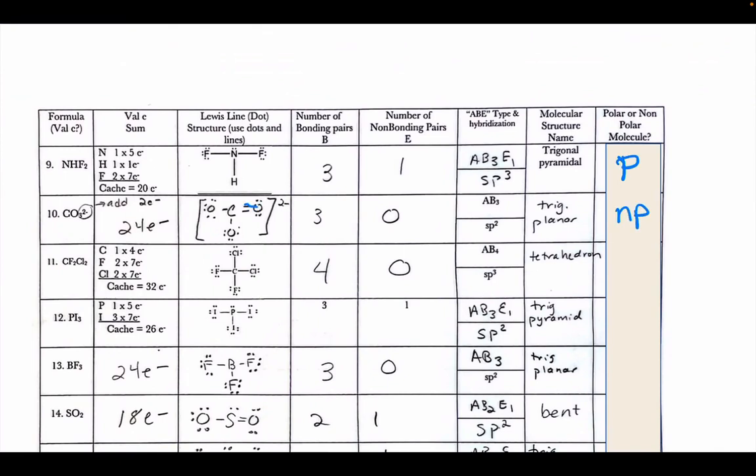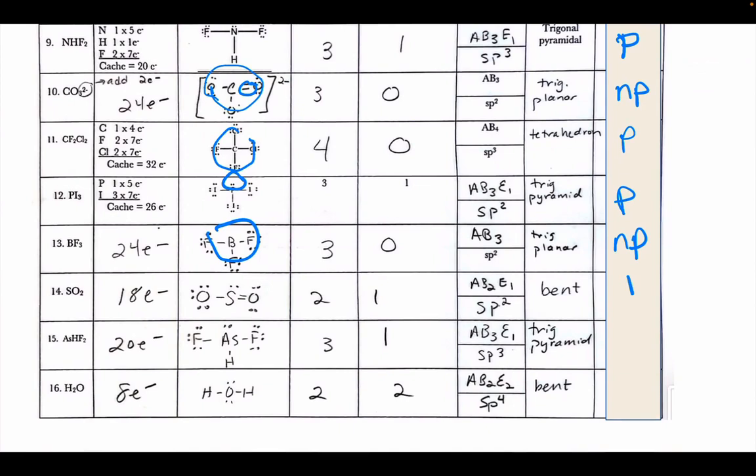So even though there's a double bond in there, there's still the same atoms going around the central atom. Next one is polar. They're not all the same. Polar, has a lone pair. Nonpolar, they're all the same around the central. Polar, polar, and polar. I hope that helps.